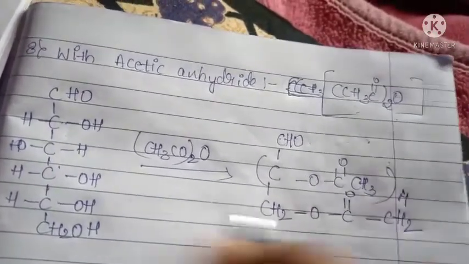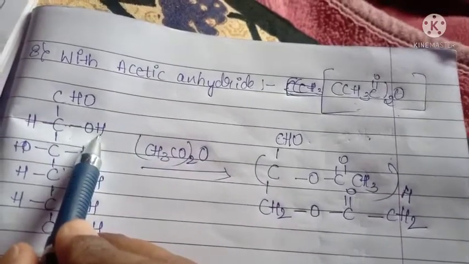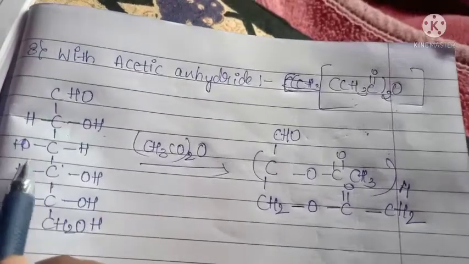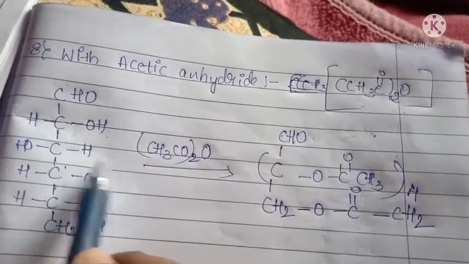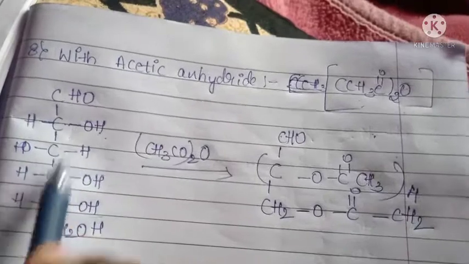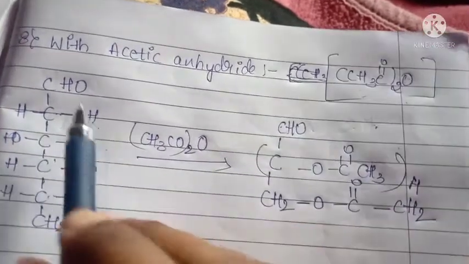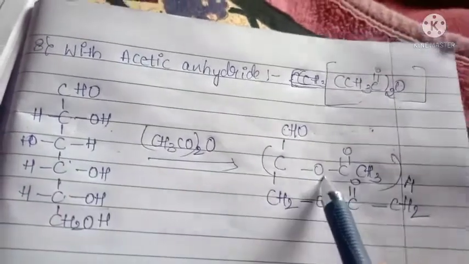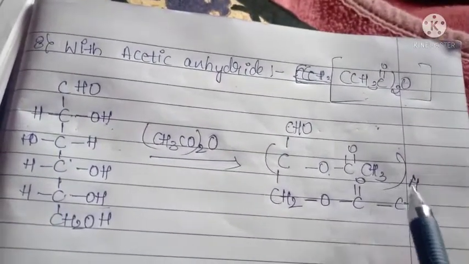Here H2O is removed, here also H2O is removed, here also, here. H2O is removed and in the place of OH, O, C double bond O, CH3 comes and substitutes.